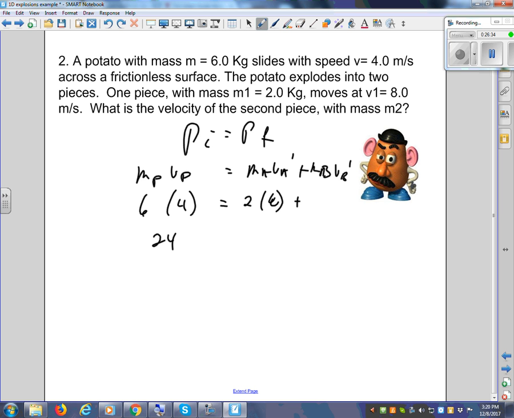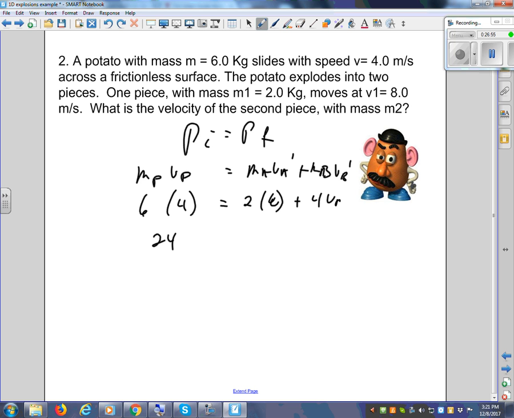It doesn't give me the size of the second piece. So what should I do? If the potato was 6 and one piece is 2, just subtract. The other piece is going to be 4. I threw you a curveball, but it's an easy one.